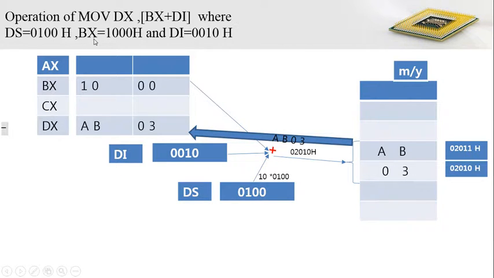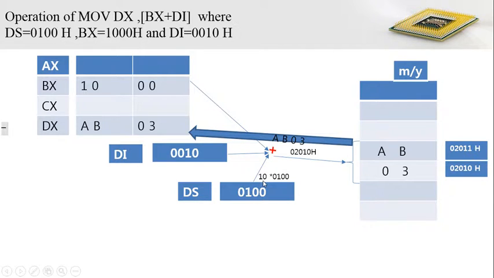Okay, and the BX register content is assumed as 100H here, and the DI content is assumed as 0010H. So this is our memory, and these are the status of our various base register and index register, and this indicates the data segment register starting address.